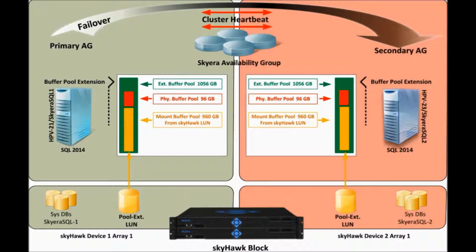You need to shut down your services and server to extend memory. Also, maybe all your memory slots are already full. If you have Skyhawk all flash array enterprise storage, you can simply make one LUN and extend your buffer pool to fast SSD storage.